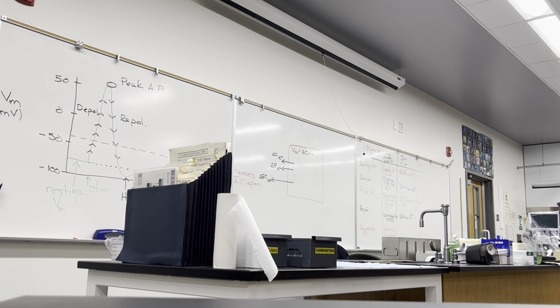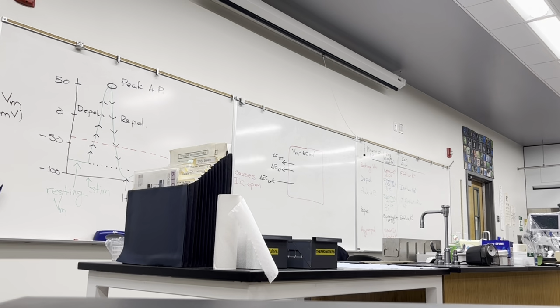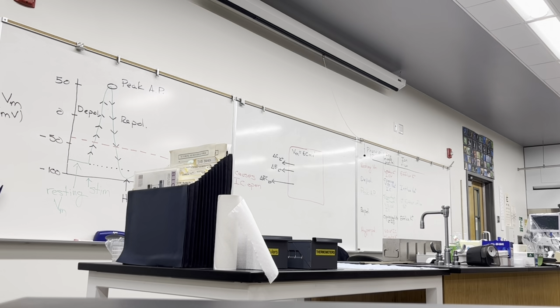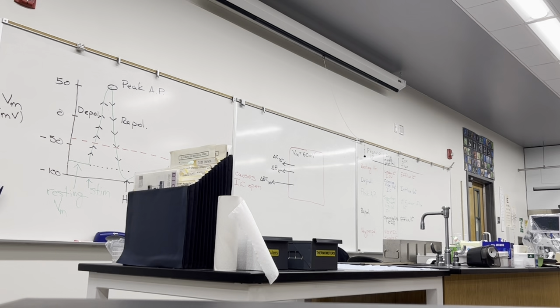It would be somewhere maybe up around plus 40 millivolts. But why isn't it at plus 60? Because we've got our sodium potassium ATPase as well, which is always maintaining this 3-to-2 ratio. Okay.